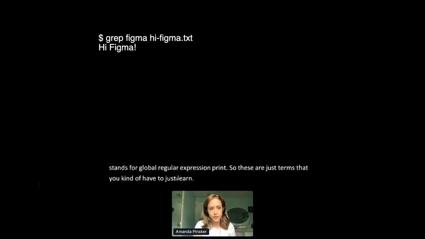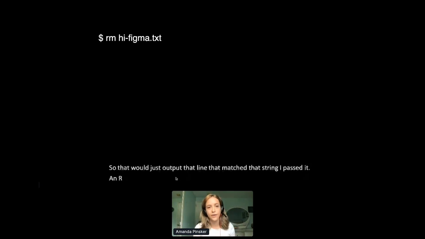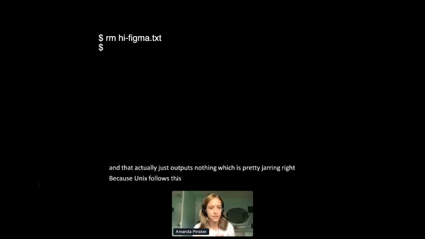That would output the line that matched the string I passed it. And rm means remove or delete. So this is how I would delete this file. And that actually outputs nothing, which is pretty worrying, right? Because Unix follows this principle called no news is good news. Basically, if everything goes fine, just say nothing.